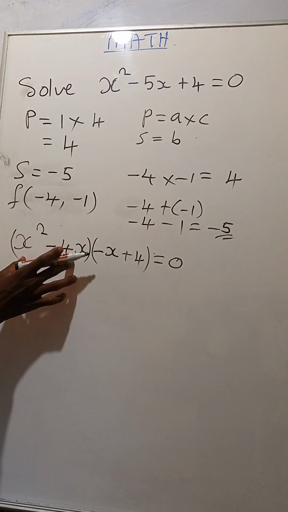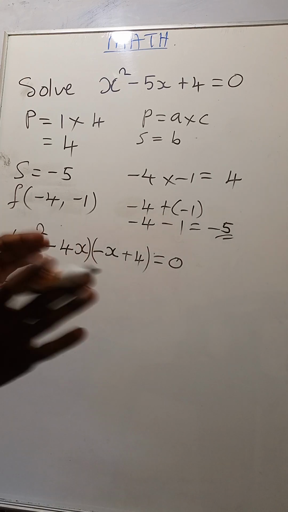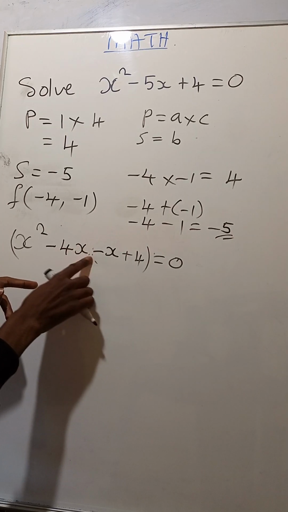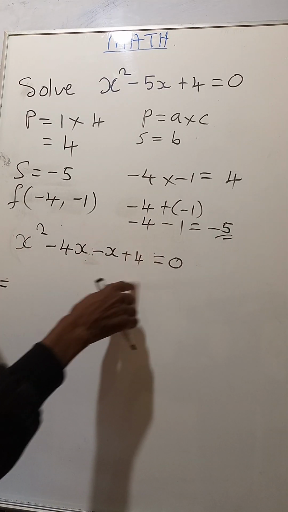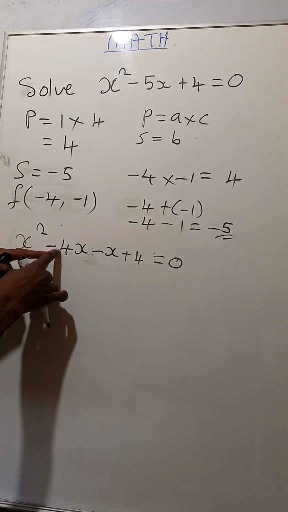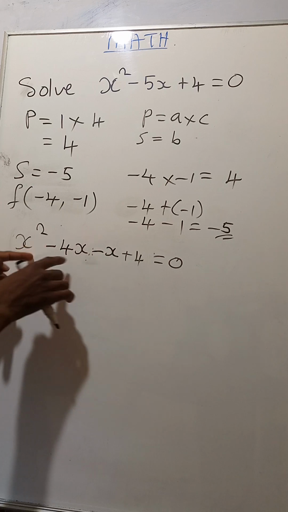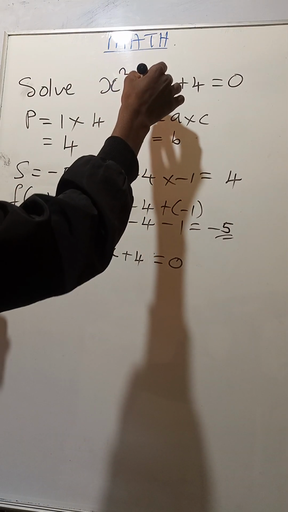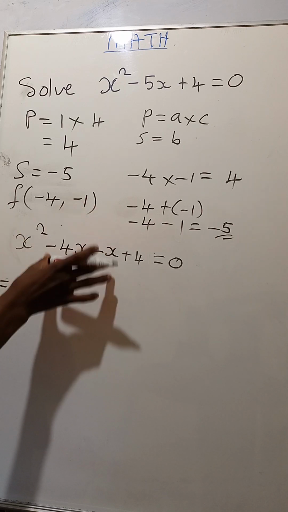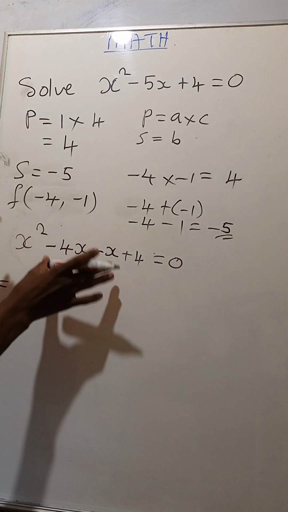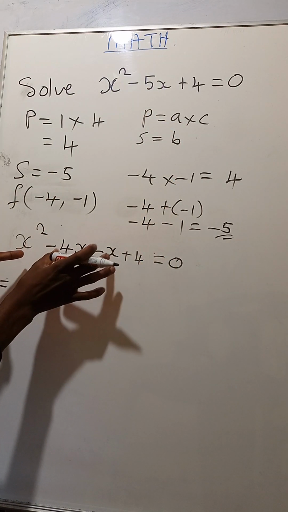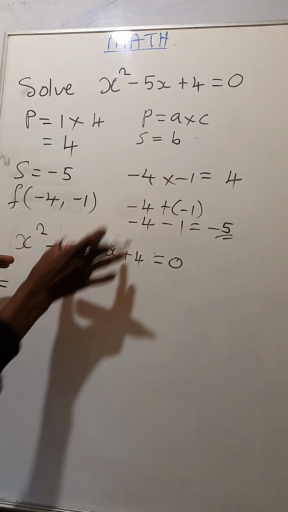One thing that you should not forget is that negative 4x minus x is negative 5x. So whatever you substitute, there must be no change. Don't substitute something that can change from the original equation.